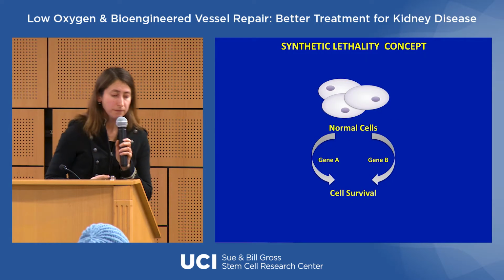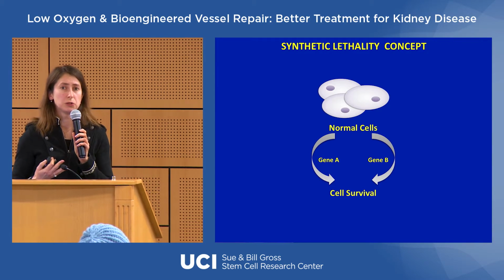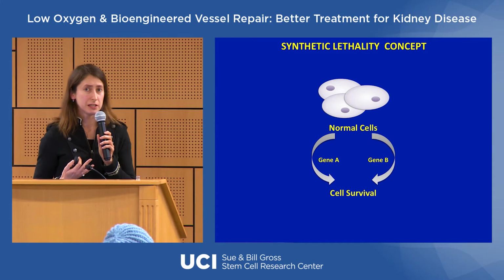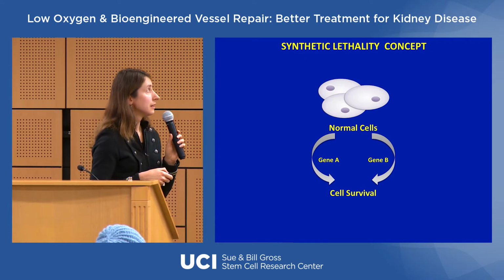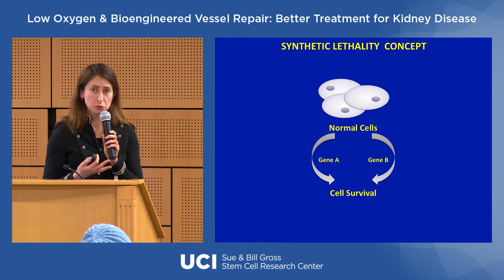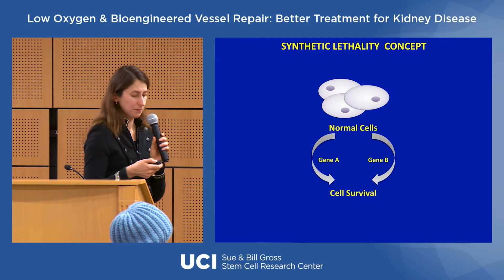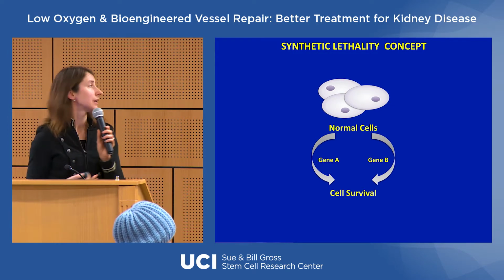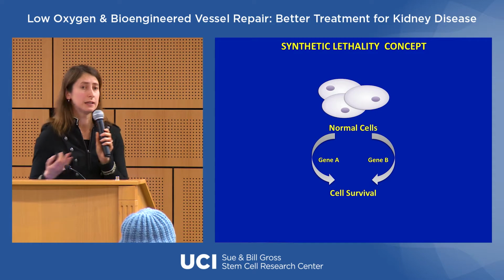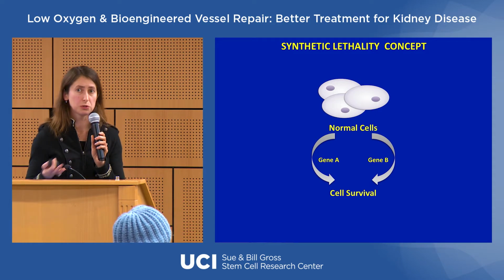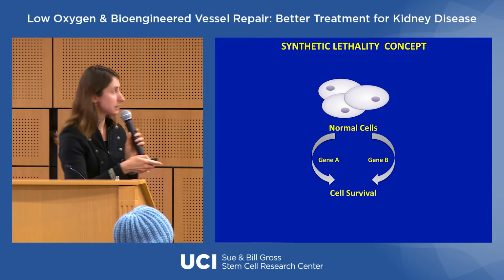So I promised you to talk about two therapeutics we discovered here to treat kidney cancer. In order to introduce the therapeutics, I need to talk about the synthetic lethality concept. First, I'm going to talk about normal cells, and then about how we use the same concept in cancer cells.